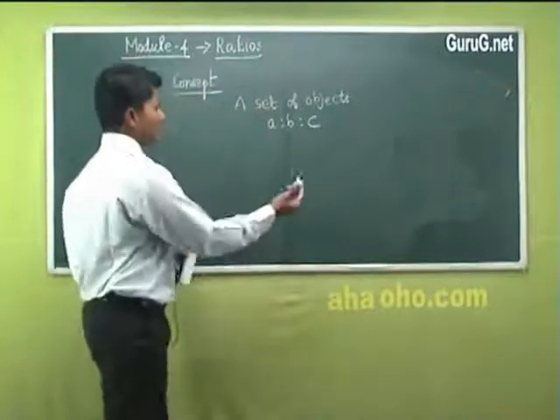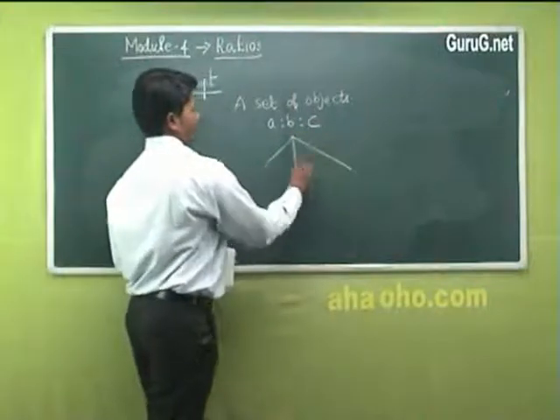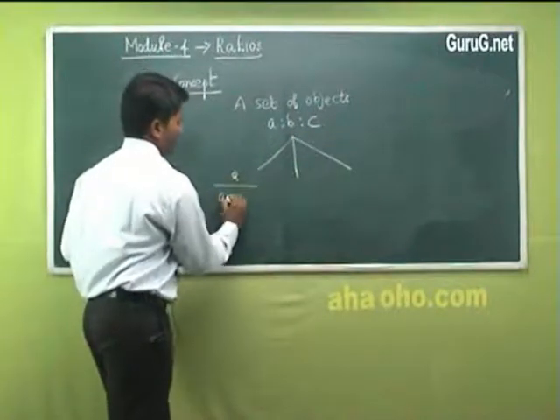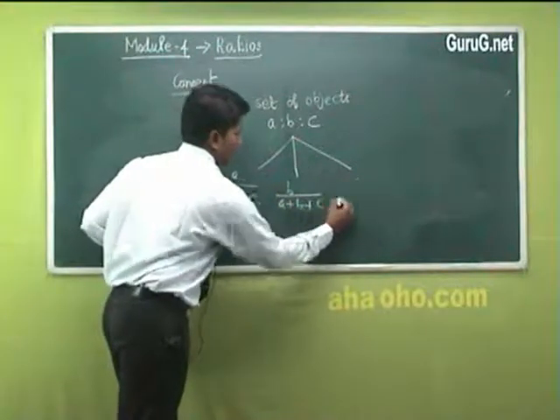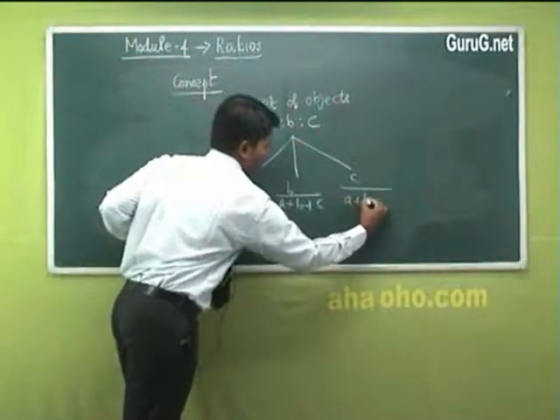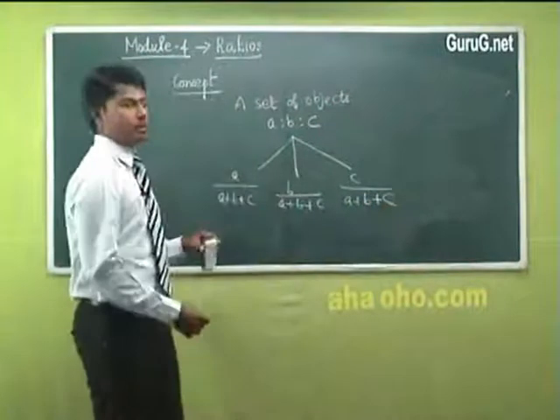In this case, similarly, as we have seen, divide it in the form of A by A plus B plus C, B by A plus B plus C, and C by A plus B plus C. Fine.